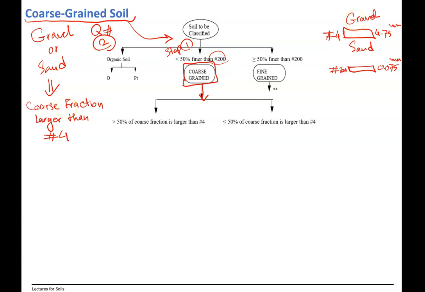But we need to calculate percentage of gravel in our coarse section, not the total sample. The total sample is a combination of gravel, sand, and fines, but we need to calculate percentage of gravel in our coarse fraction. That's what we call coarse fraction larger than number 4.